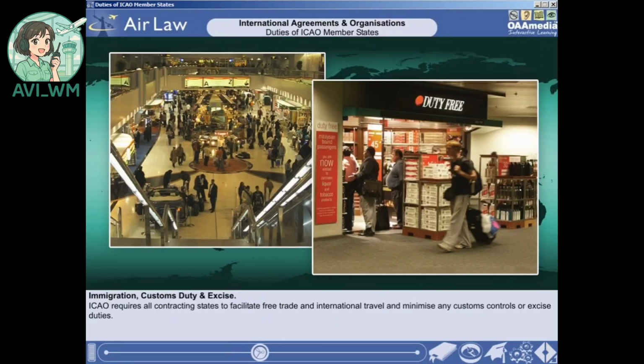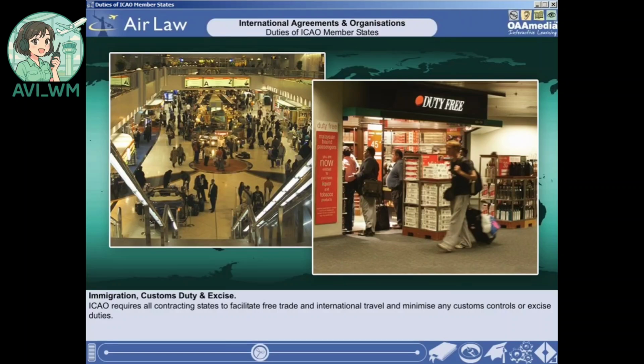Although the general duty of ICAO member states is to comply with the accepted standards and practices, there are a few particular duties that are worthy of mention here. You will recall that some of the original aims of the ICAO were to also further the aims of free trade and expedite the movement of international travellers. States have remained free to impose their own controls on these aspects of air operations.